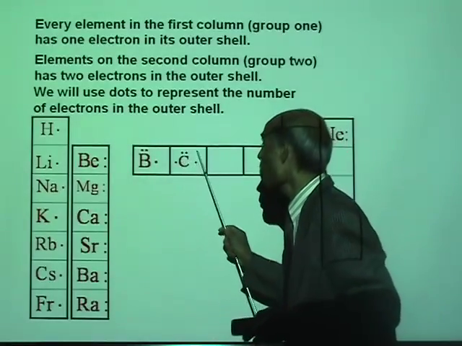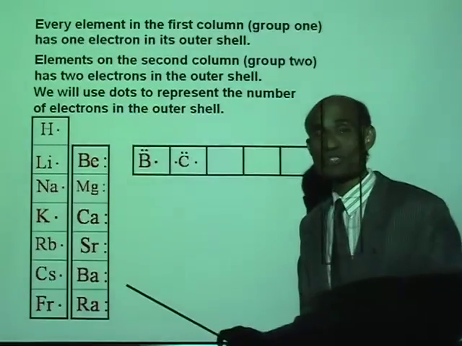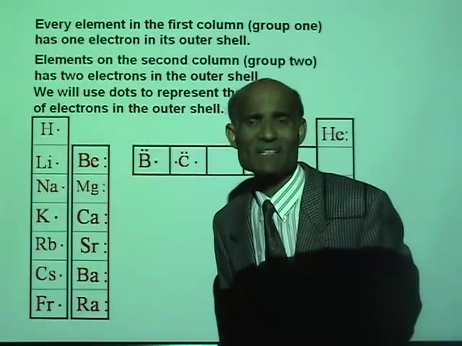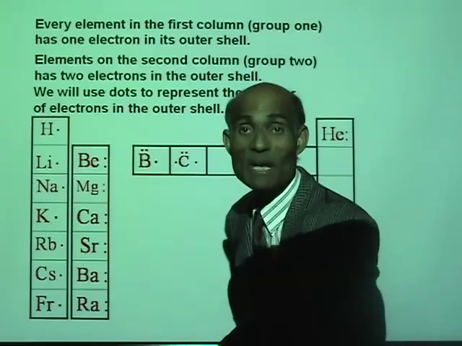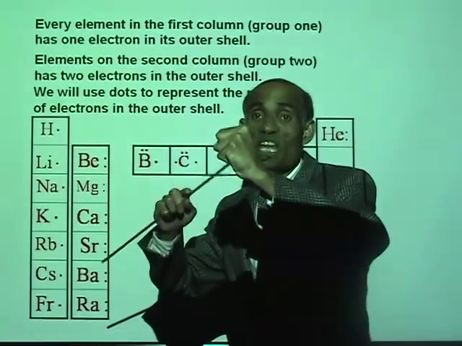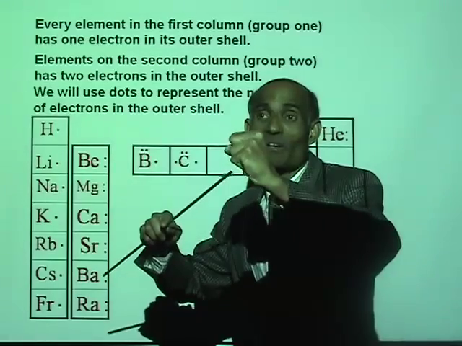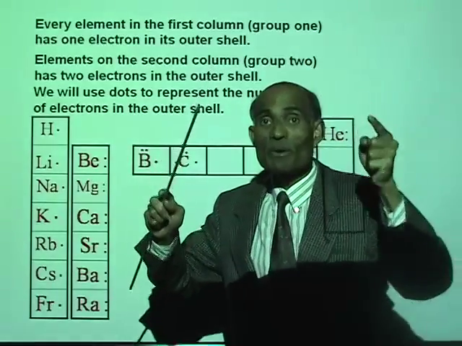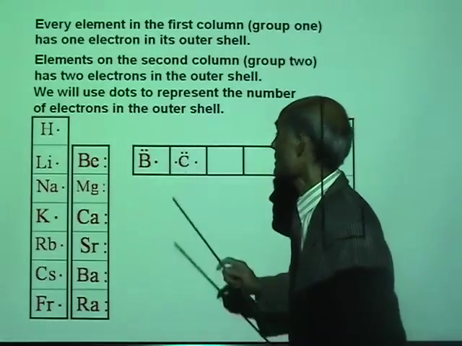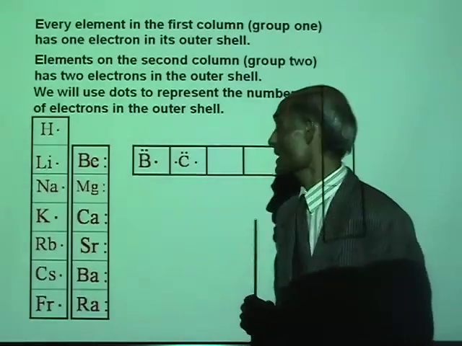Carbon has 4 electrons in the outer shell. Now, do you remember how many electrons carbon has? Carbon actually has 6 electrons. 2 of them are in the inner s subshell and 4 of them in the outer shell. So in the outer shell, carbon has 4 electrons.